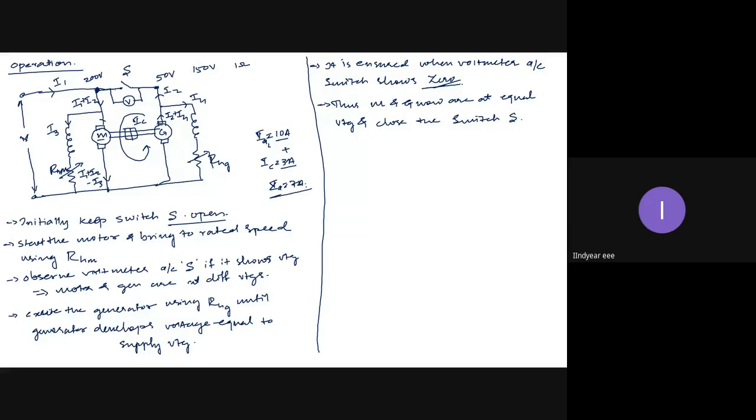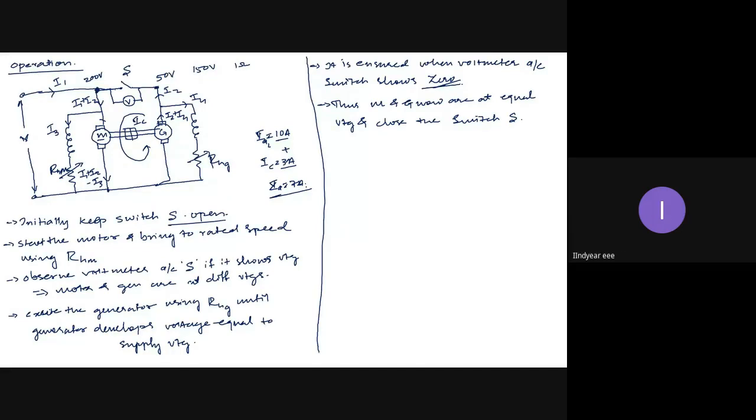So if the current developed by the armature in the generator is less than its full load value, what is the power developed? Decreases or remains same? If armature current is less, what is the power developed by the machines?